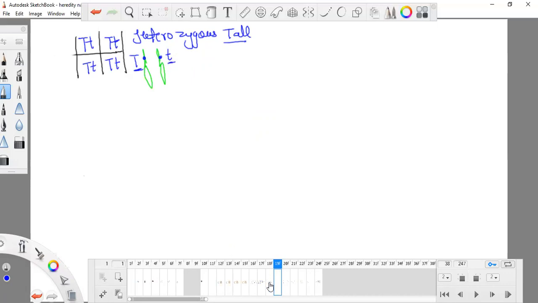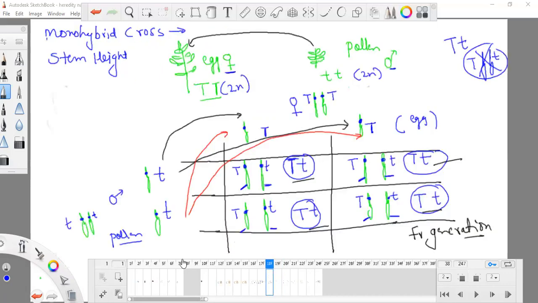Now they are the result of fertilization, and we studied this many times, nothing new for you. When pollen and egg fuse, they form seeds.